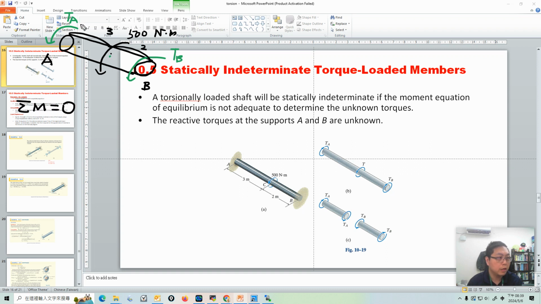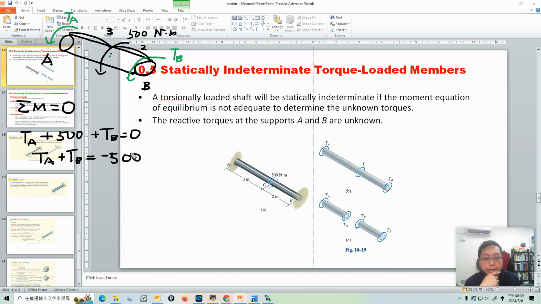I assume everything is positive, so every torque is counterclockwise. So we have TA, plus the external torque 500, plus TB, equal to 0, and we get the equation TA plus TB equals minus 500.